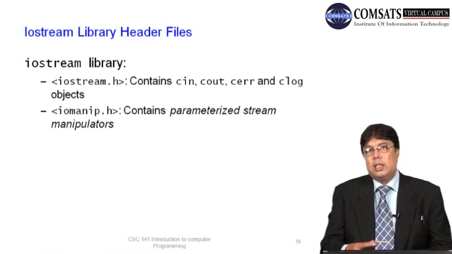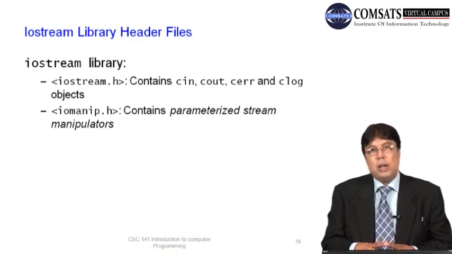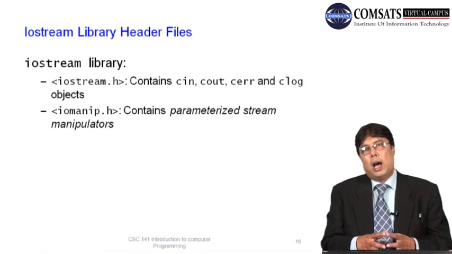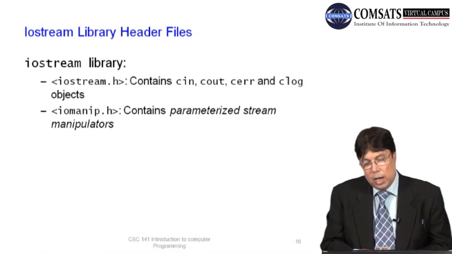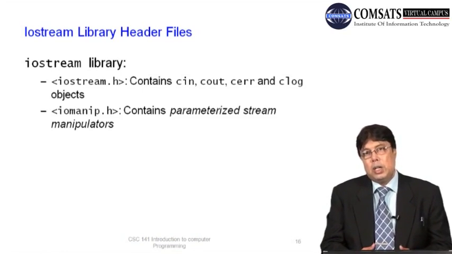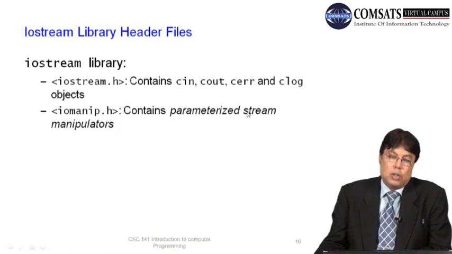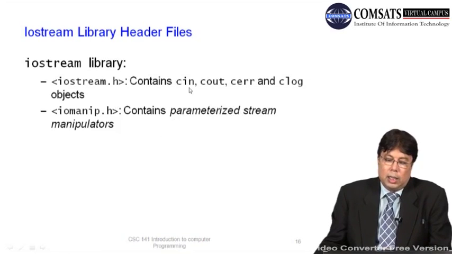You can use cin and cout as a member function, or you have the option to use cin and cout as a parameterized stream manipulator. That means they are treated as a function, and they should carry certain parameters and provide you the service according to these parameterized stream manipulators. So we will be discussing both options in all the facilities that we will discuss very shortly.